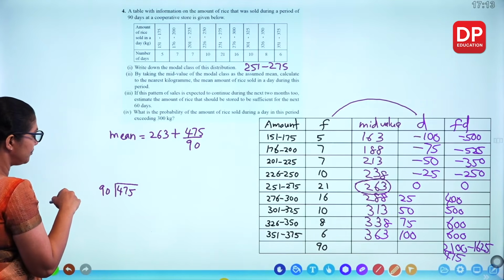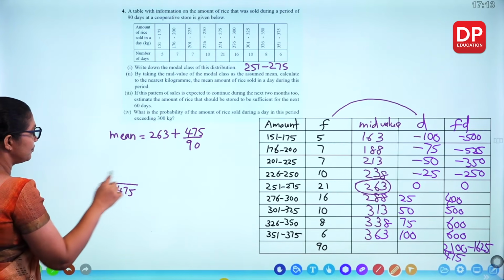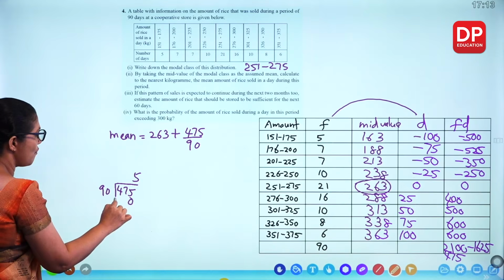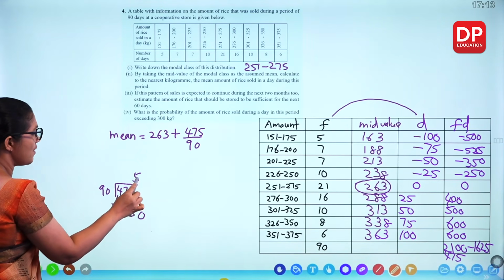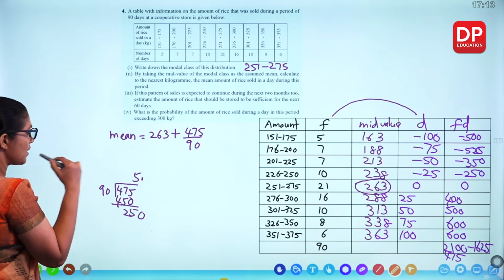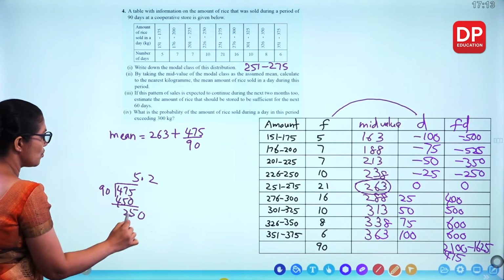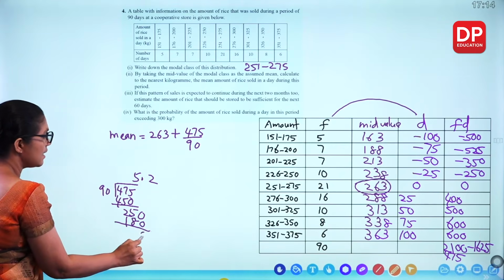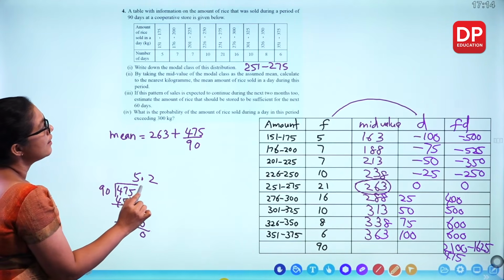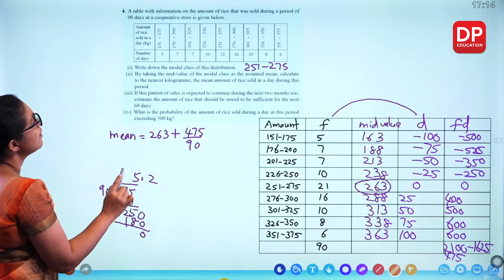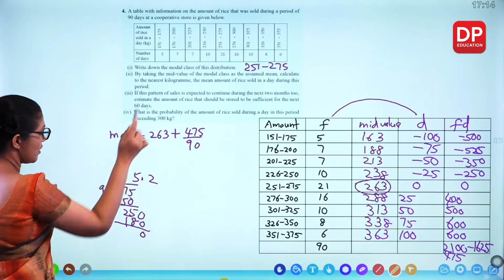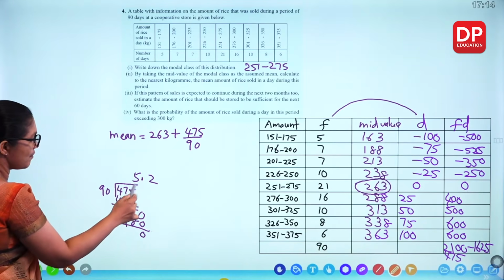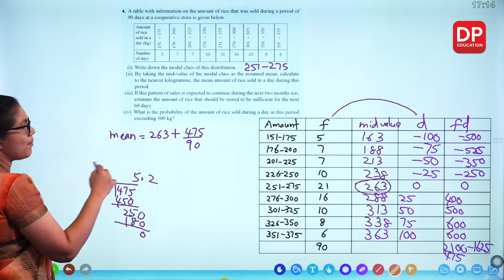You get 5.45 for 250, roughly, you get 280, and you need the nearest kilogram. So 1 decimal place is enough for that. So 5.2.